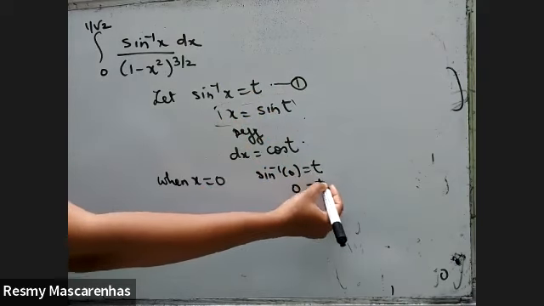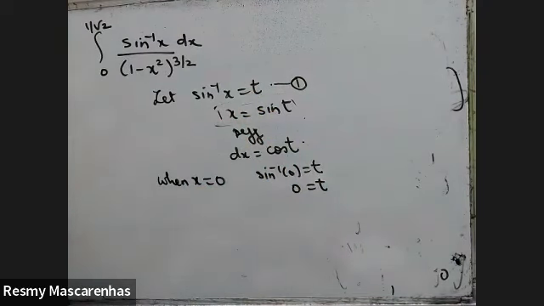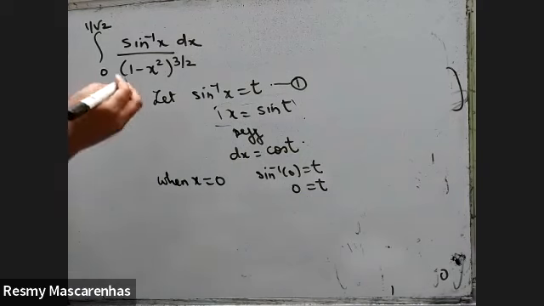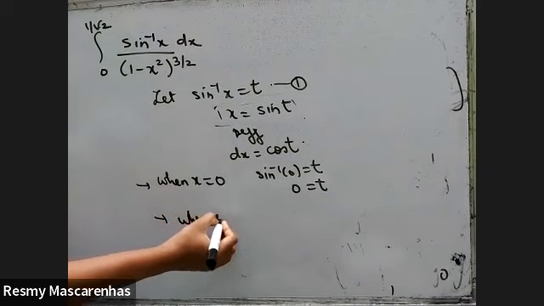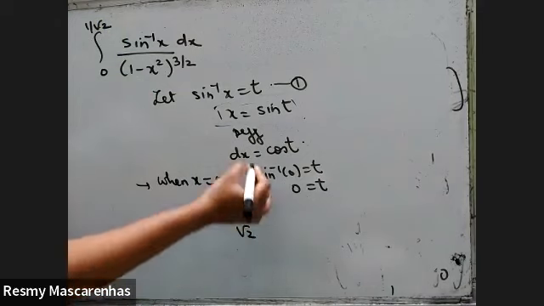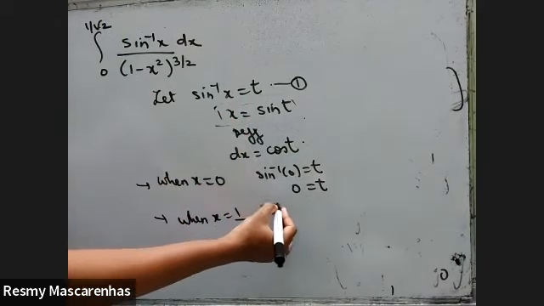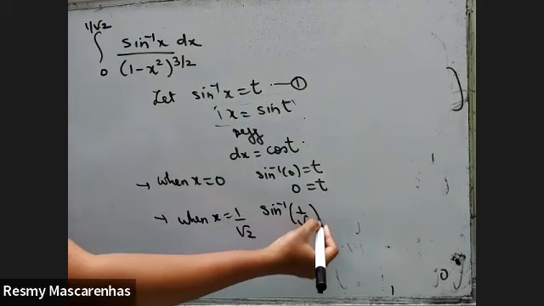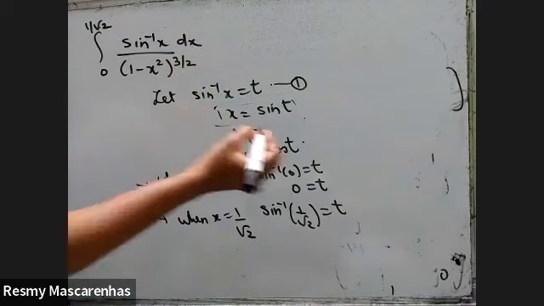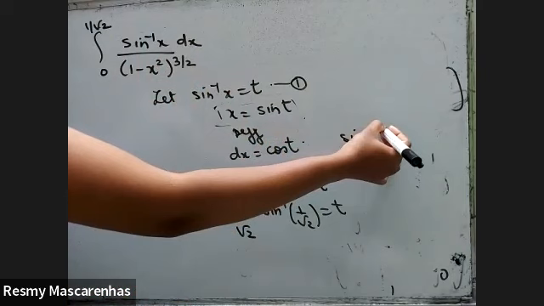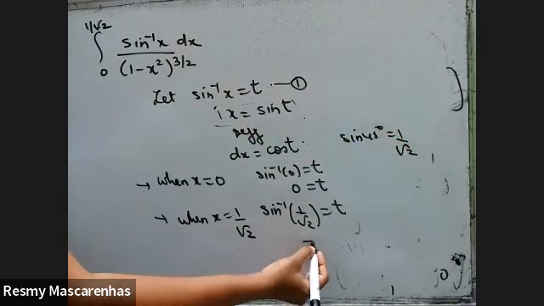We know that sin inverse of 0 is 0, because sin of 0 is 0. Next, when x is equal to 1 by root 2, sin of which angle will give me 1 by root 2? So we know that sin 45 degrees, pi by 4.